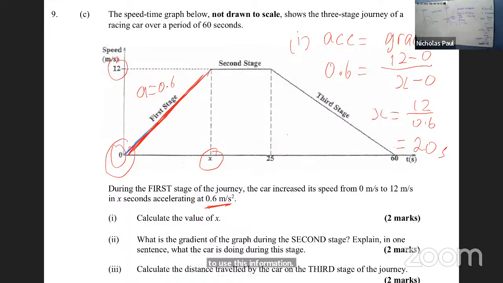What is the gradient of the graph during the second stage? What's the gradient of the horizontal line?